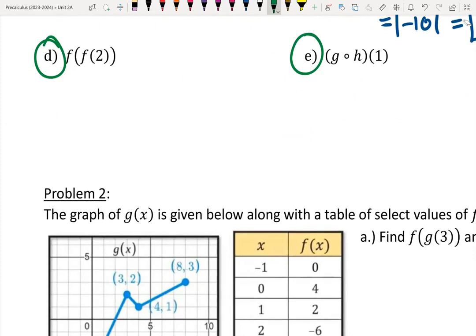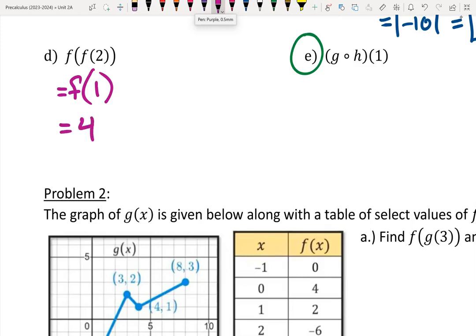F of 2, or rather, F of 2. Ellis, what did you do for D? Good. And that's equal to 4. Good. All right.